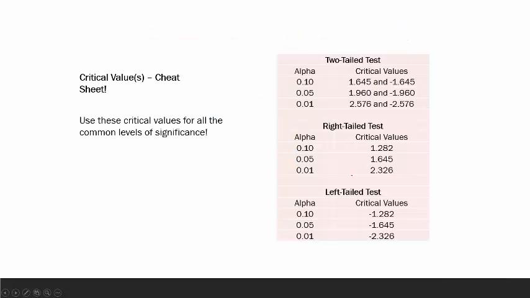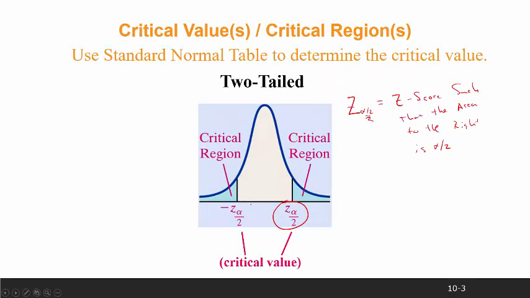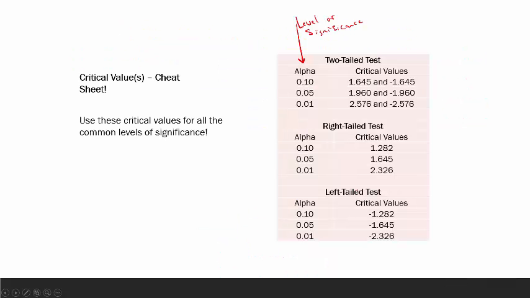All right, so I'm going to give you this little cheat sheet here. Okay, so these are the common critical values for the tests. So if you see you have a two-tailed test, a right-tailed test, and a left-tailed test, you have alpha. This is your level of significance. So basically, here's what's going on. If I say conduct a hypothesis test at the 0.05 level of significance for a two-tailed test, your critical values would be 1.960 and negative 1.960.